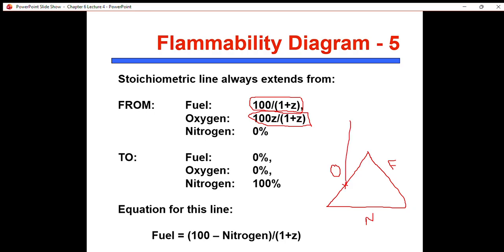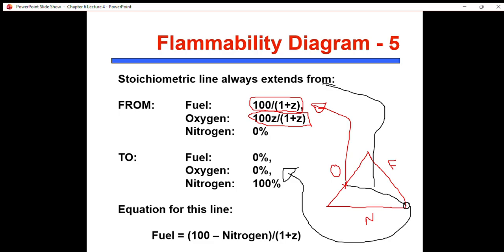So at this point you have 0% nitrogen, 100 Z divided by 1 plus Z oxygen, and fuel 100 divided by 1 plus Z, to a point where you have 0% fuel, 0% oxygen, and 100% nitrogen. This is what we call the stoichiometric line.